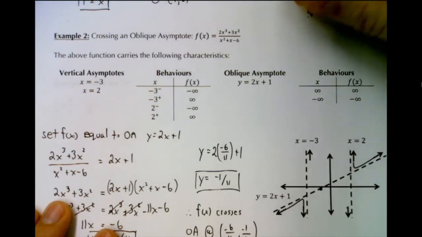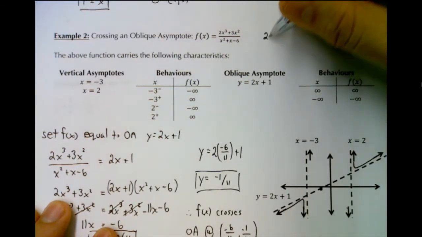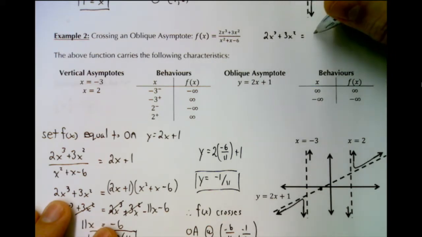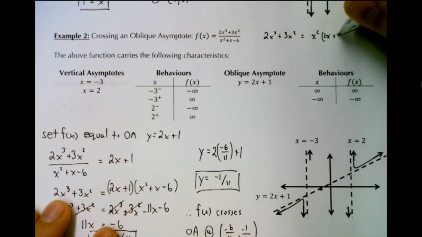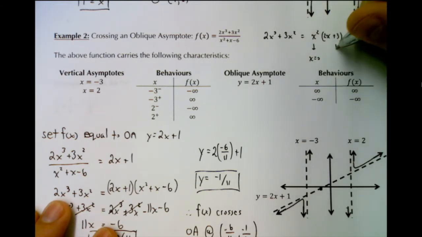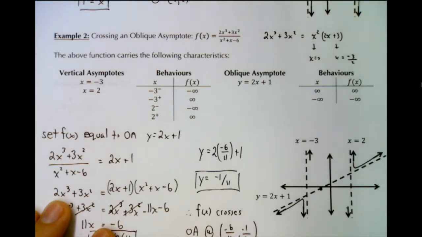Where are the x-intercepts? Well, 2x cubed plus 3x squared. If we common factor that, we get x squared times 2x plus 3. Therefore, our roots are x equals 0 and x equals negative 3 over 2. So negative 1.5.